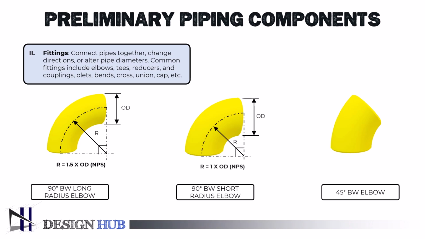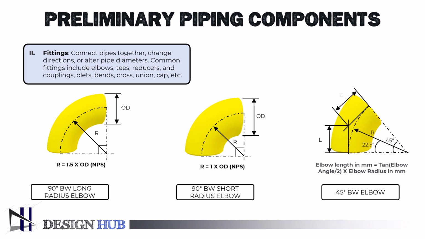Because of their strength, resilience to abrasion, and longevity, 90-degree elbows are well suited for extended usage in harsh industrial environments. Numerous materials, such as carbon steel, stainless steel, alloy steel, duplex, super duplex, copper nickel, and nickel alloys, can be used to make them. Also, there is the 45-degree elbow, which only comes in one variant, long radius.